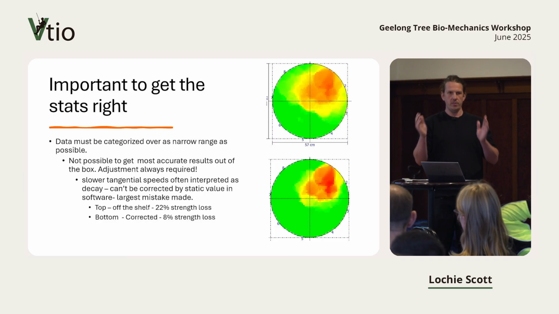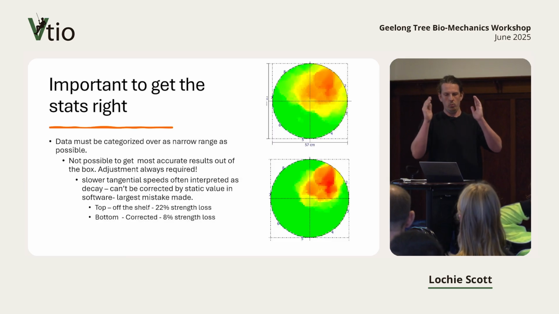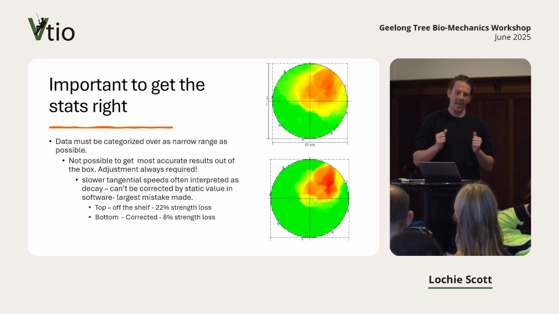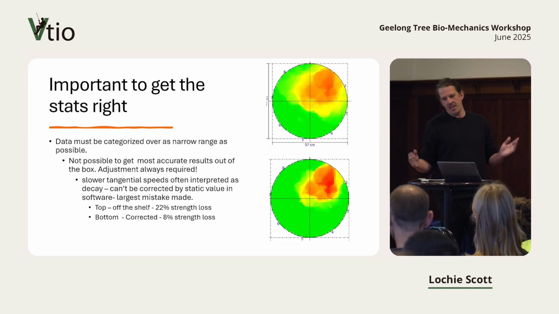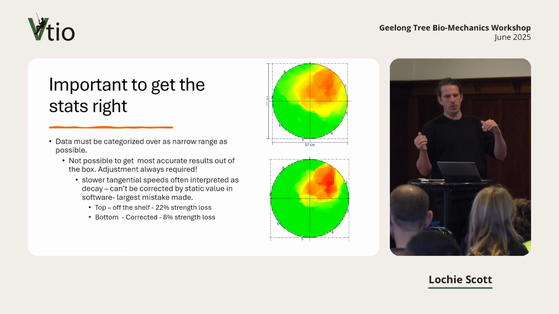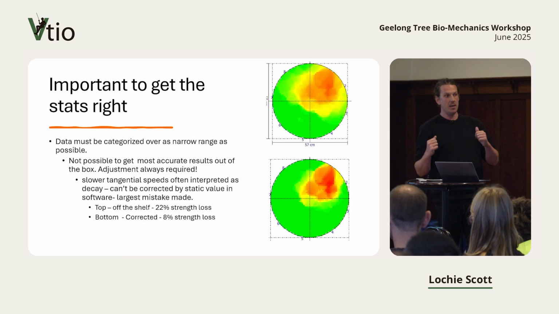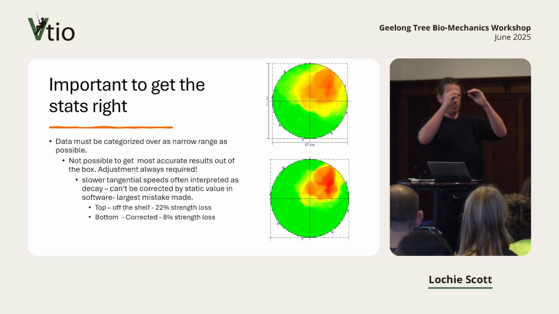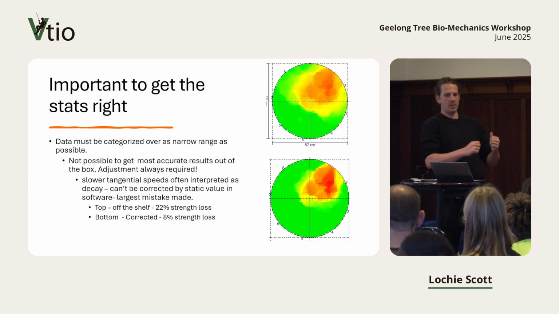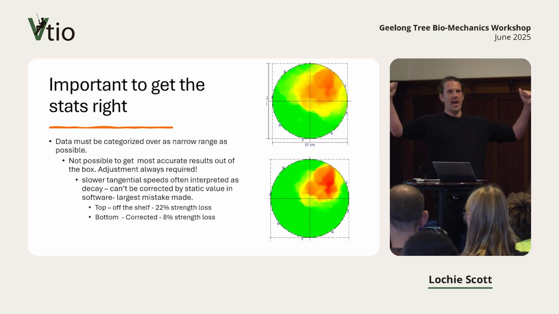So we want to know over as narrow a range as possible where to put each piece of data into what box. Now, if we've got these uncertain tangential times, or perhaps you leave a tape on the tree, you can get these really slow and really fast measurements, which make you categorise the data over a really large range.